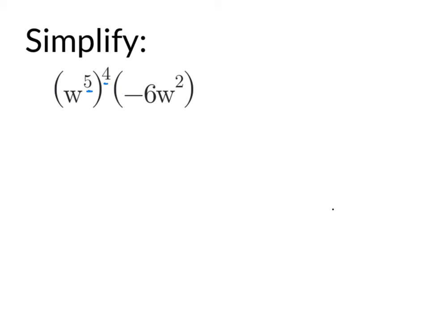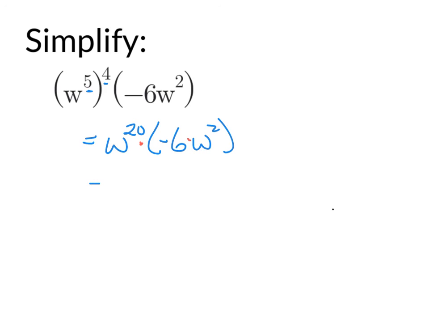So we should simplify w to the 5th to the 4th, which is 5 times 4, w to the 20th, times negative 6w squared. The next thing to recognize is what's going on in between the w to the 20th power and the parentheses is multiplication. And what's going on in between the negative 6 and the w squared is multiplication. So really, we're just multiplying a bunch of things together.